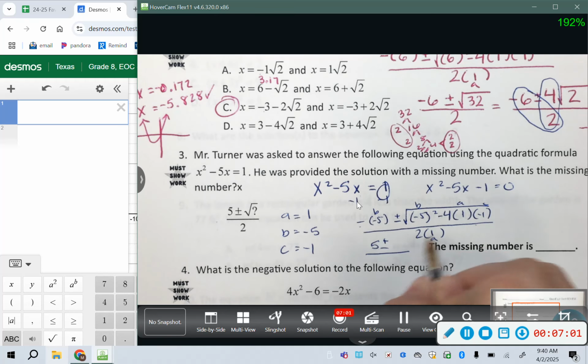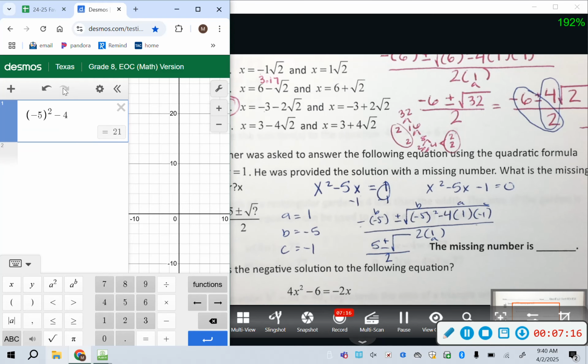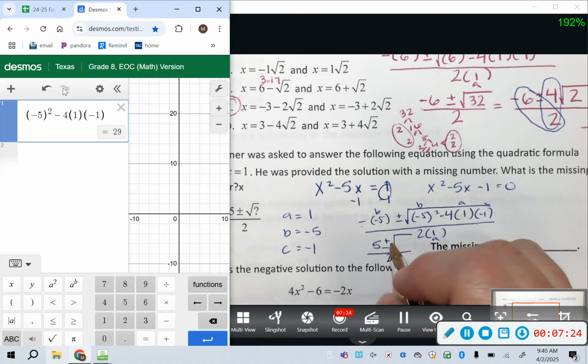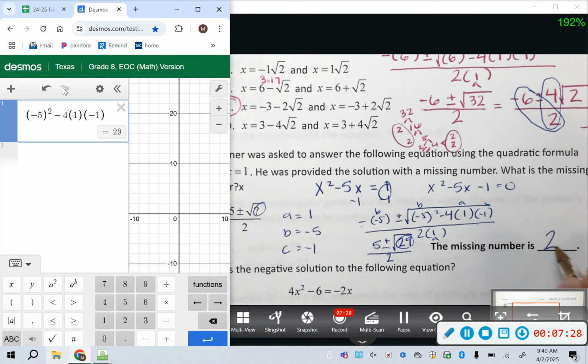Plus or minus, 2 times 1 is 2, and I just need to know what's inside the house, the discriminant. So parentheses, negative 5, parentheses, squared. And just know if you do not use parentheses here, you will get the wrong answer. Minus 4 times 1 times negative 1. So I get 29. So it only wants the question mark, which is 29.